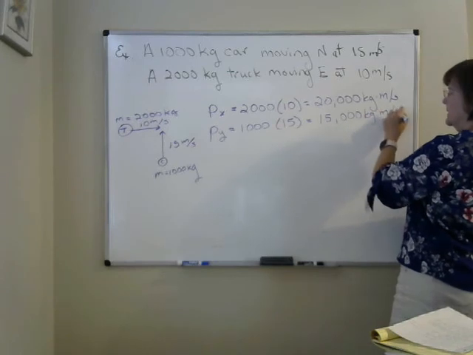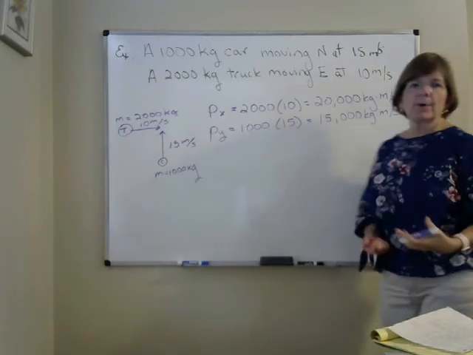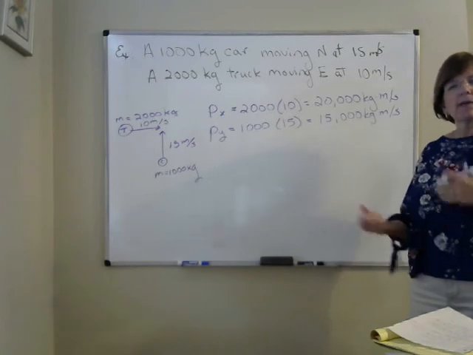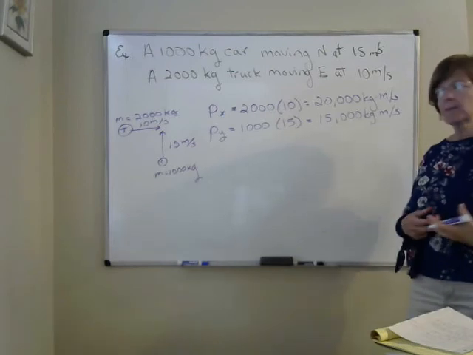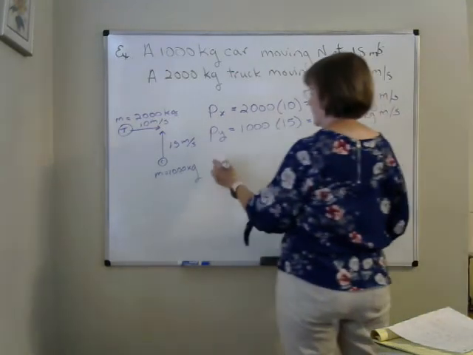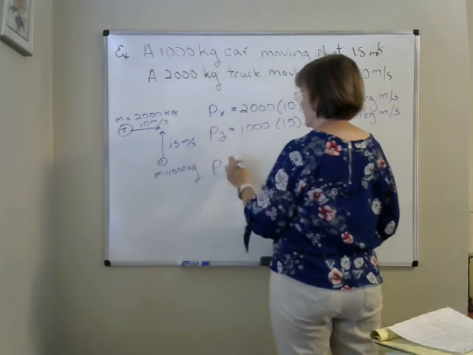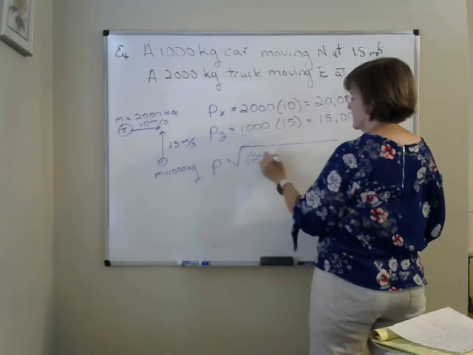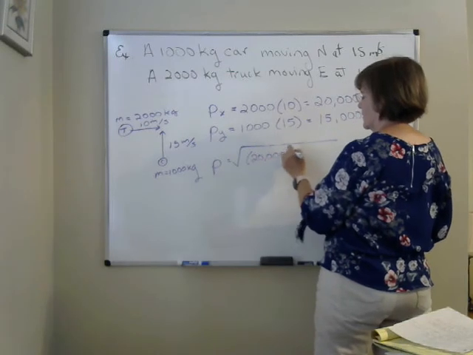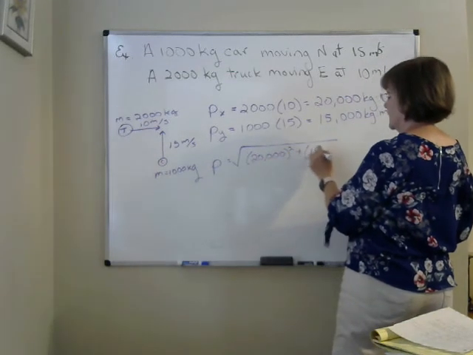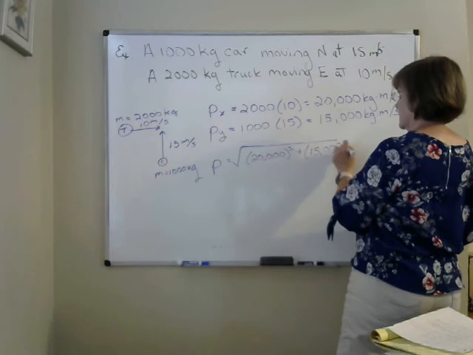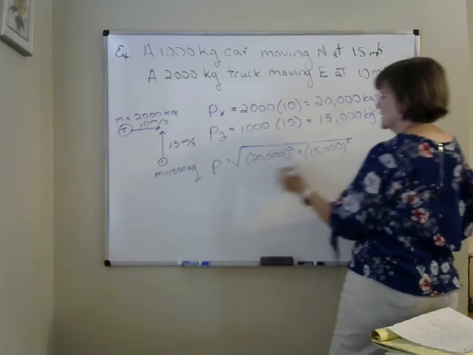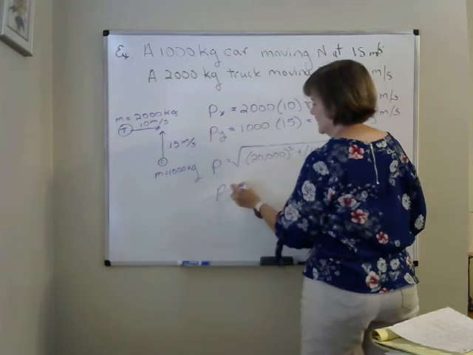Since we have perpendicular vectors, the x and y components, we just use the Pythagorean theorem. We know the magnitude of the momentum is what we get when we do 20,000 squared plus 15,000 squared. Interestingly enough, it comes out pretty easy.